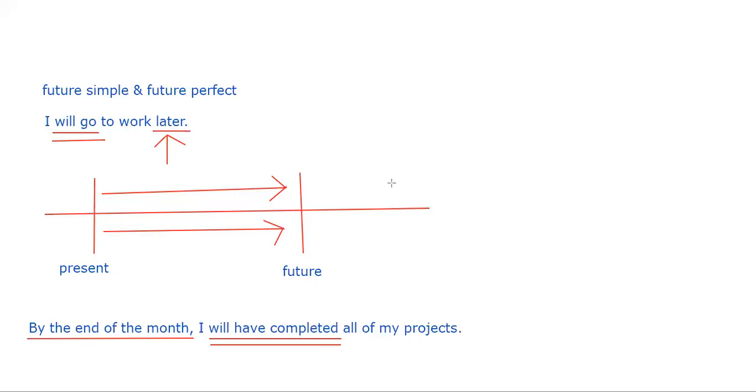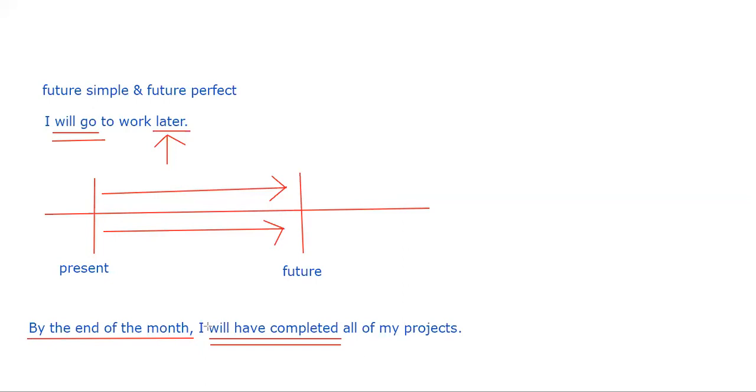So it's pretty much not any different from the other two perfects, like past and present perfect. It's just the time that's the difference. So where the action leads to, that's the difference between all three of them.